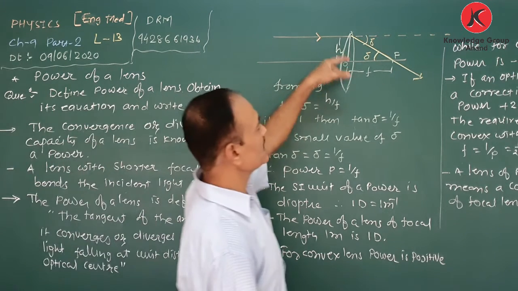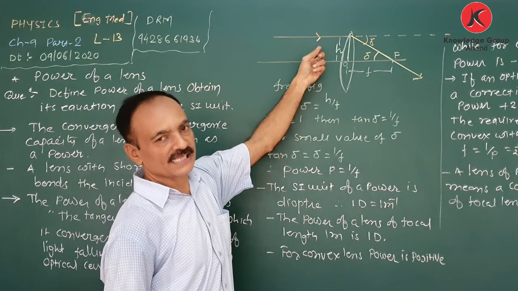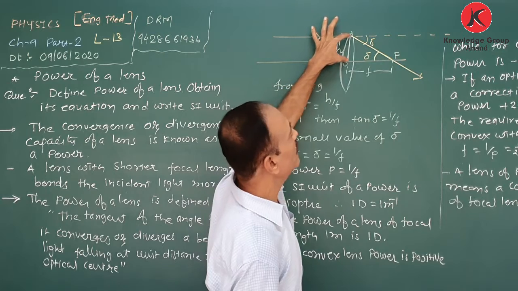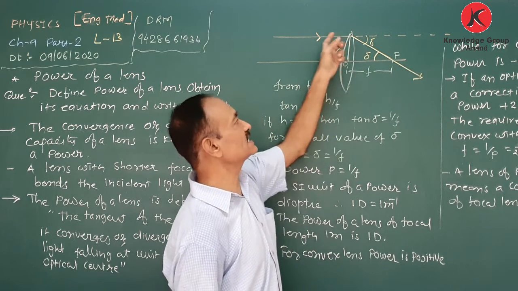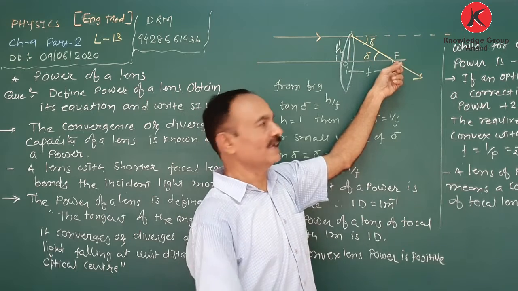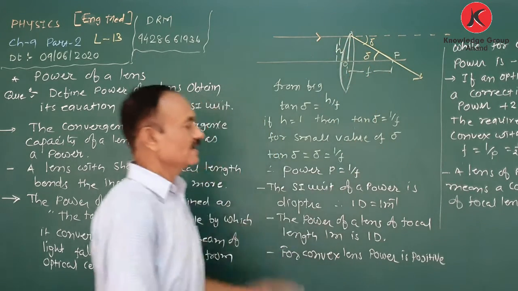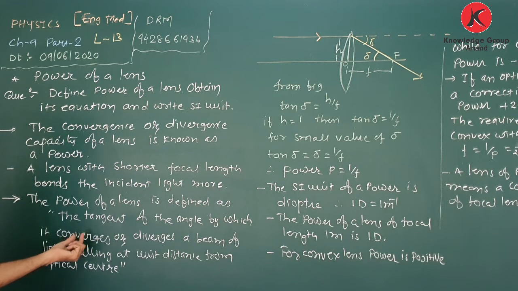In case of a convex lens, if the light is incident at unit distance from the optical center, it is converged at some angle, and the tangent of this angle is known as the power.